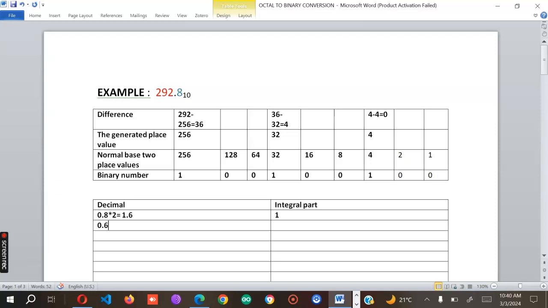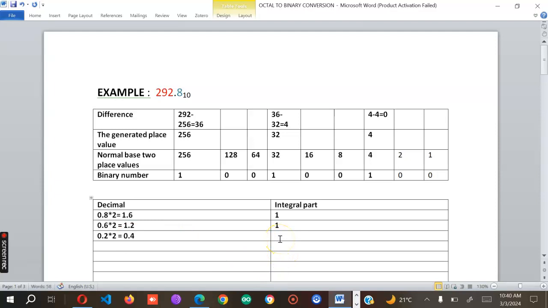0.6 multiplying by 2, which is 1.2. So the integral is 1. You pick the value that is on the left hand side. Okay, so we have 0.2 multiplied by 2, which is 0.4.